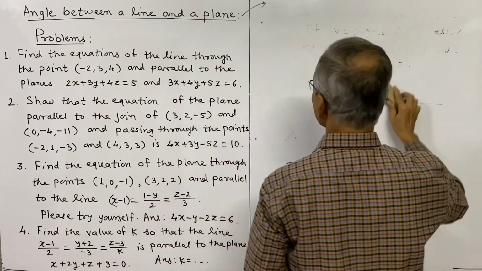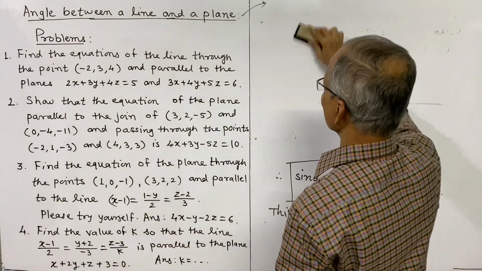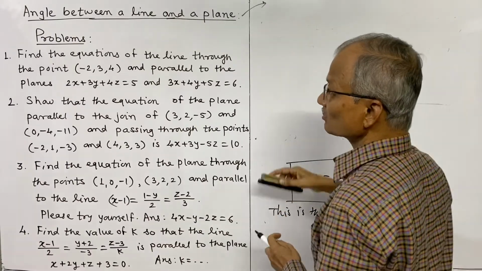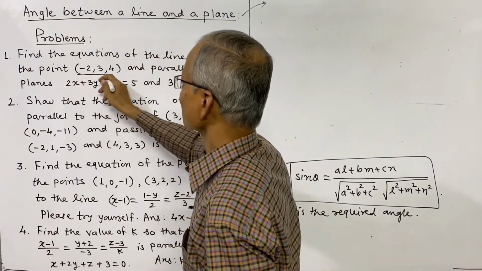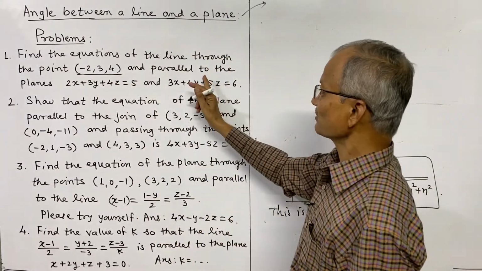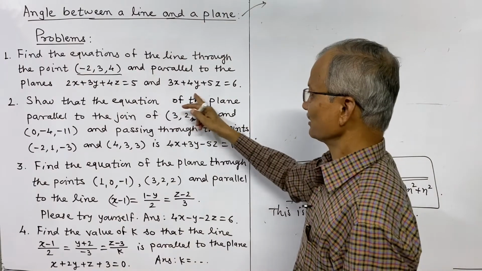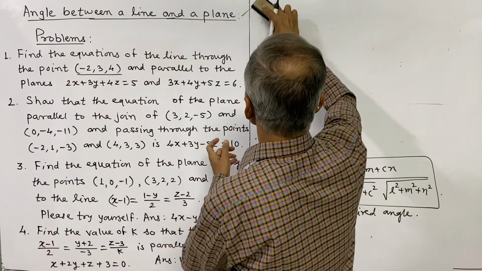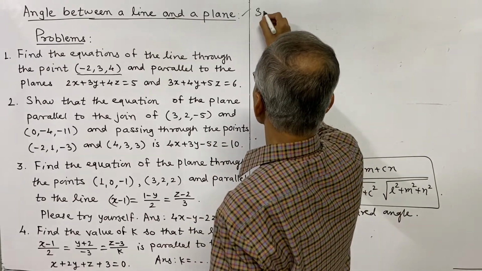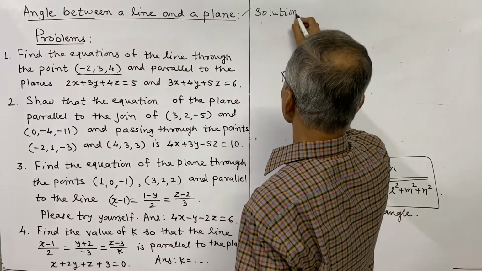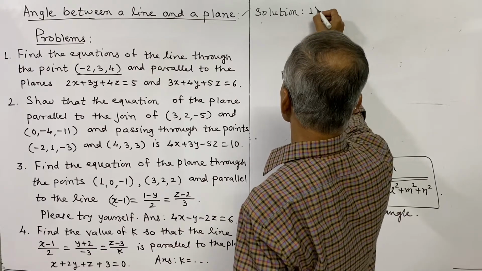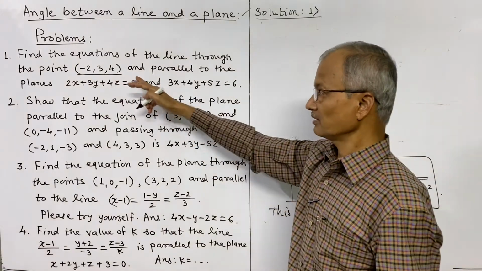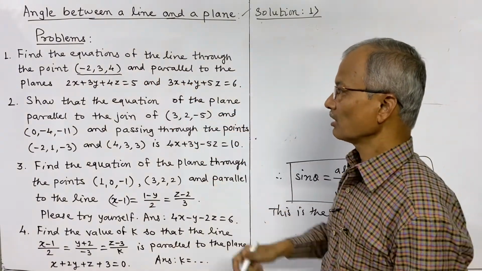Now see what the problem is. We are asked to find the equations of the line that passes through this point and is parallel to these two planes.